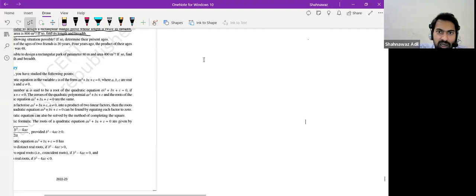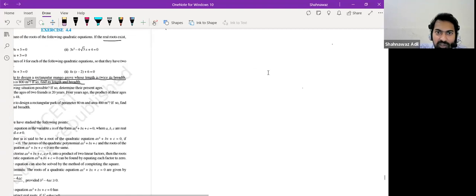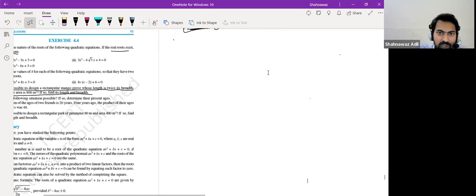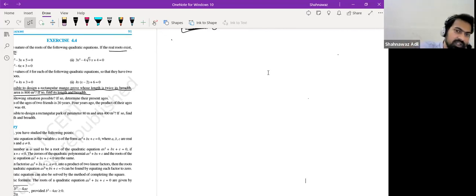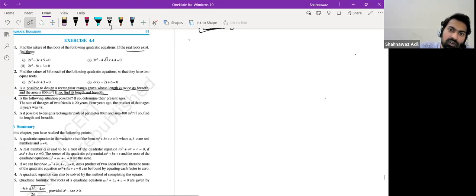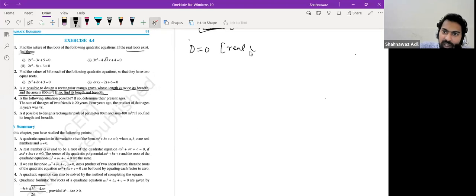You have three conditions: D greater than 0, D less than 0, D equals to 0. D equals to 0 gives the real and equal roots. So this is the case that we have to use.